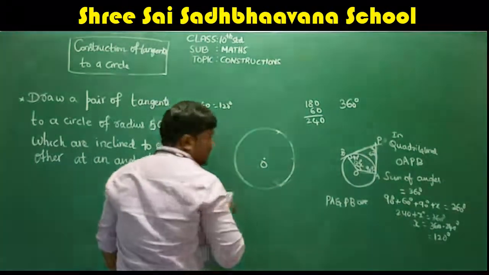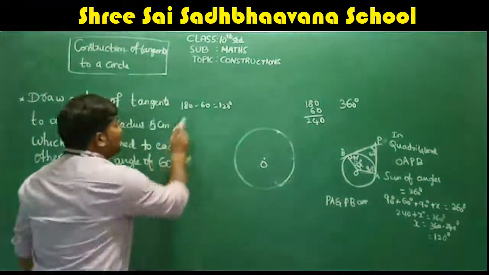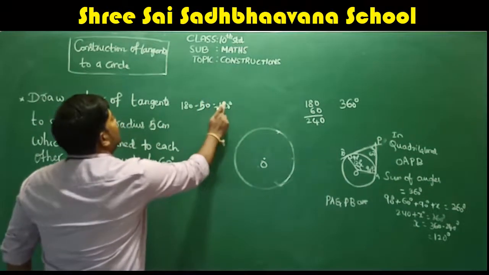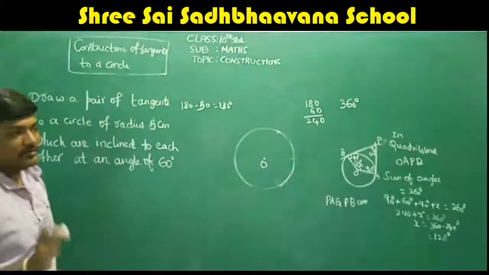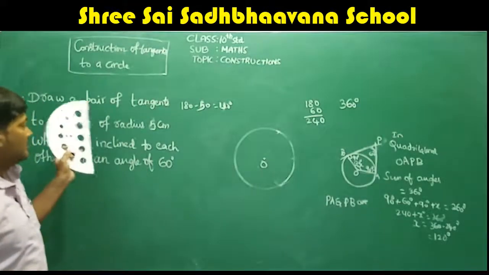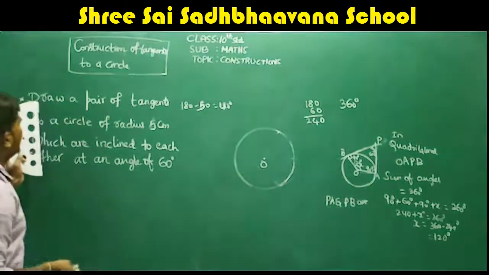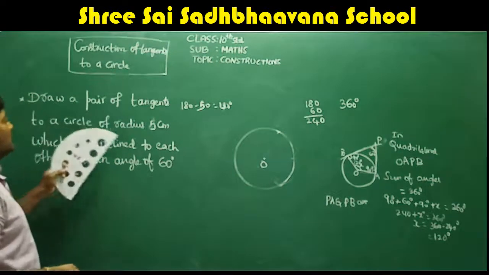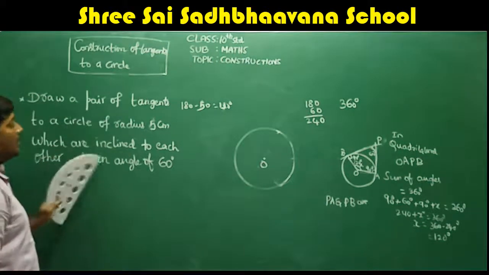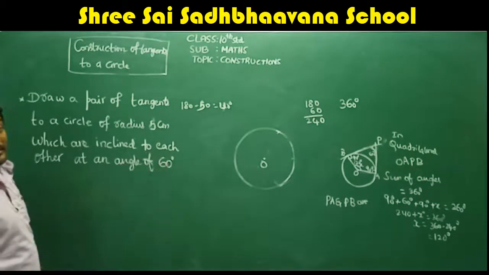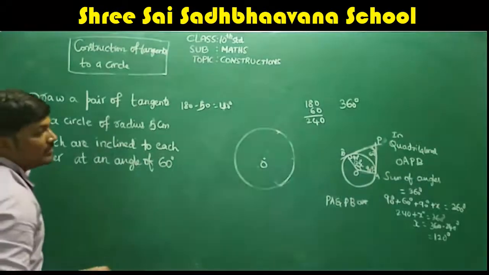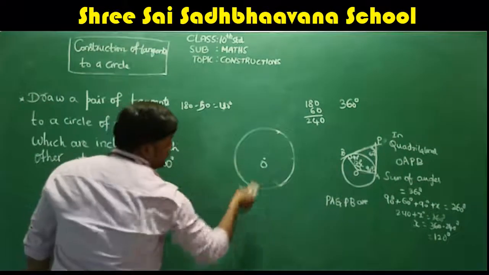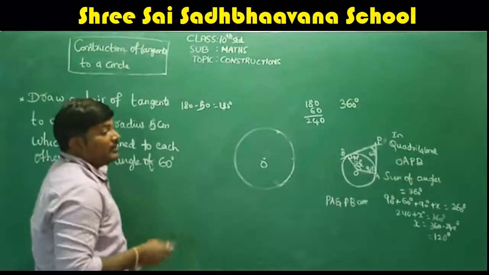If they give this angle as 50, this angle should be 130. Imagine they ask you to draw a pair of tangents to a circle which are inclined to each other at an angle of 70 degrees. Just do 180 minus 70 and take that value as the angle between OA and OB.